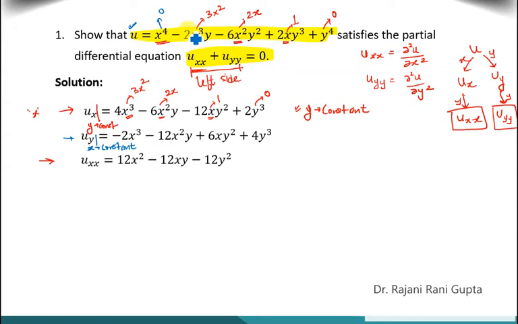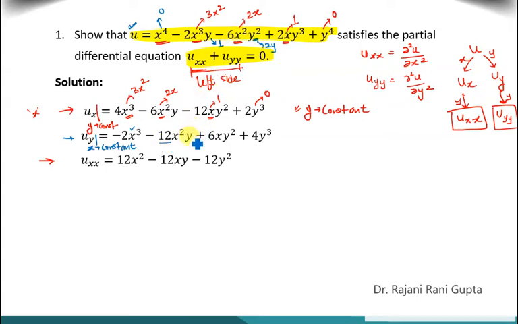Now see the term 2x power 3 y. We differentiate the y term, whose derivative is 1, so we are left with minus 2x power 3. Then minus 6 is a constant and x square is a constant. We have the function of y as y square, which when differentiated gives you 2y. So we multiply 6 with 2, which gives you 12.